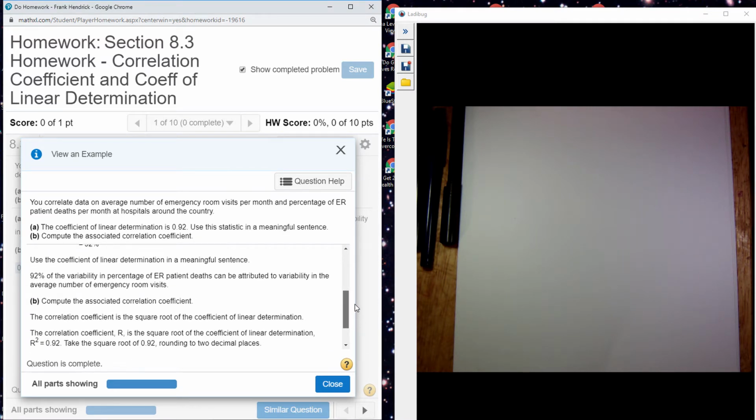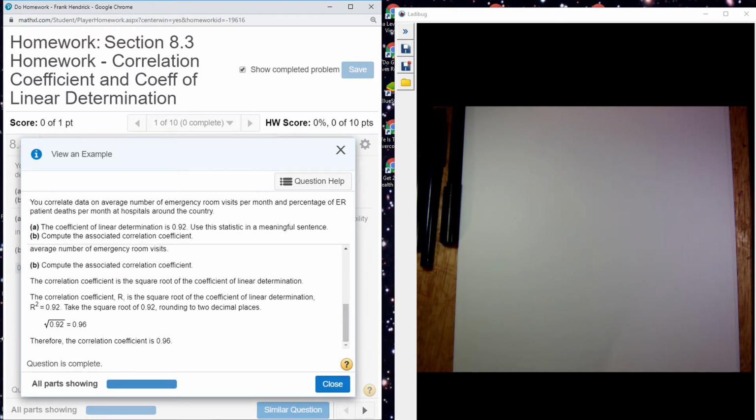Now they ask for the correlation coefficient. The symbol for correlation coefficient is R. Here, this is an important statement. Students get this wrong quite a bit. The correlation coefficient R is the square root of the coefficient of determination, R squared.